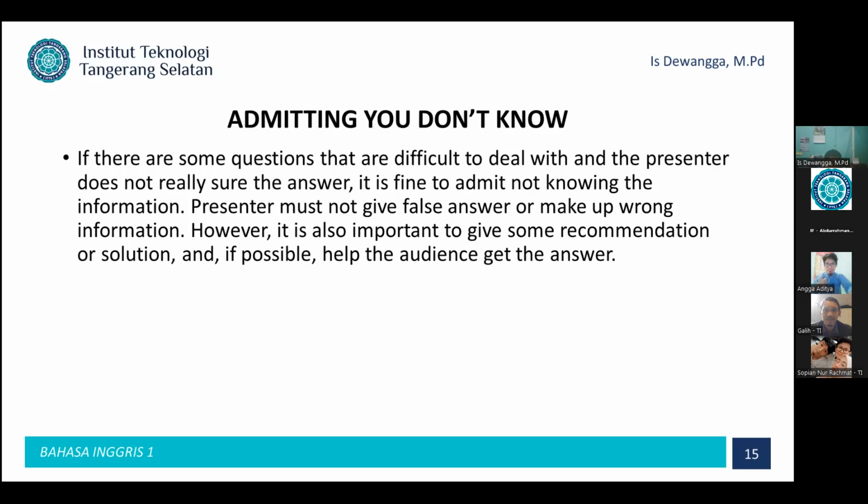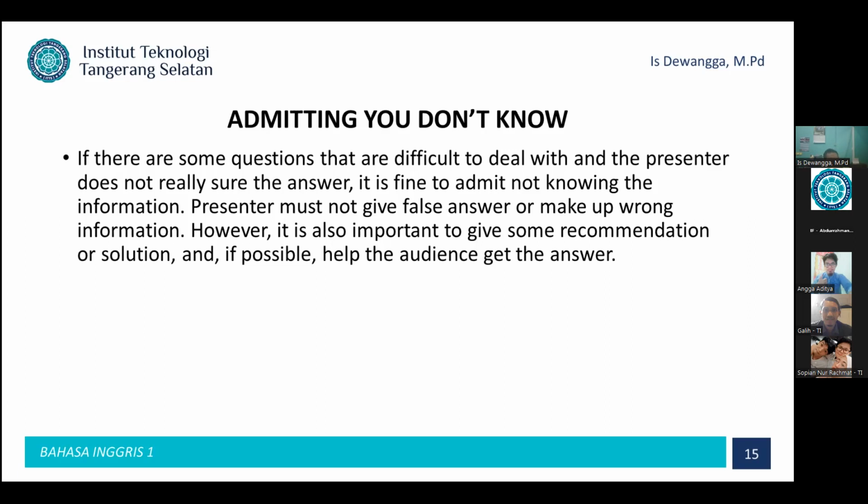Jadi kalau benar-benar tidak tahu jawabannya, if you really don't know the answer, please do not answer, because it will give them wrong answers, a false answer, wrong information. Jadi jangan malu kalau nggak tahu, jawab nggak tahu.